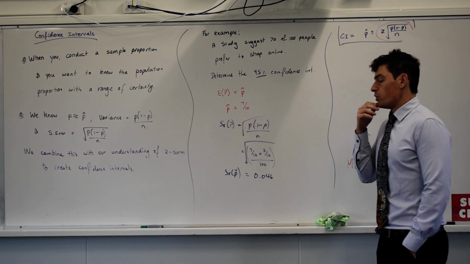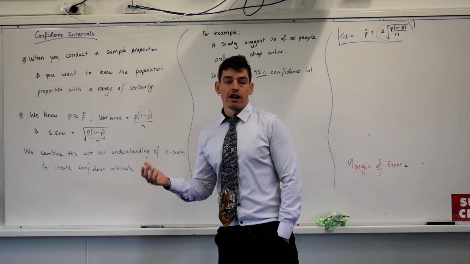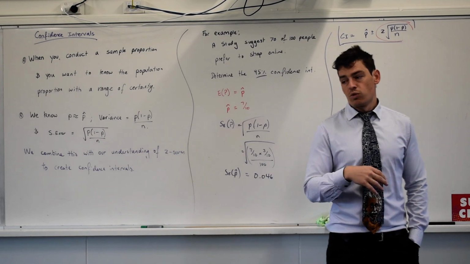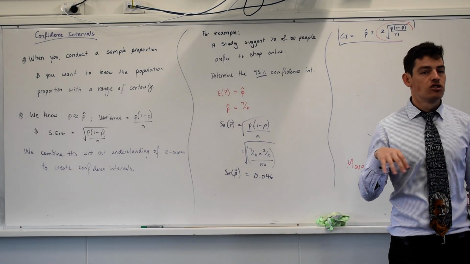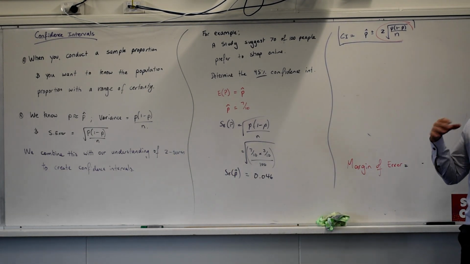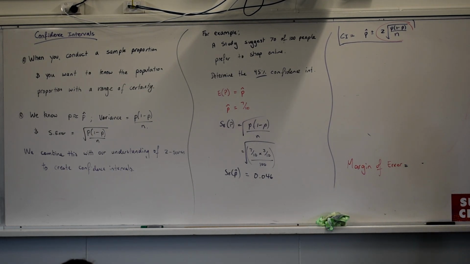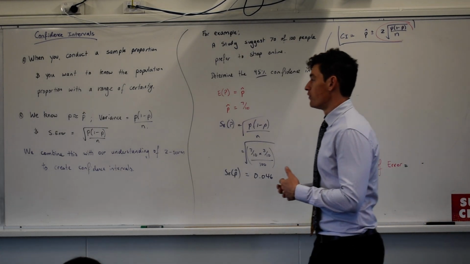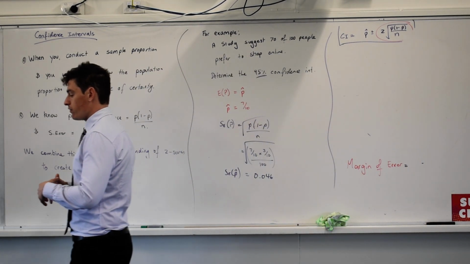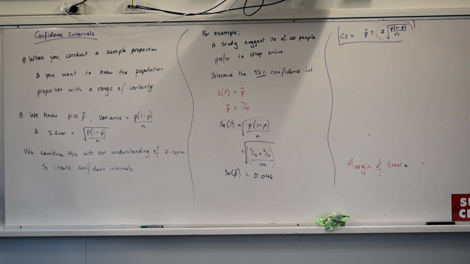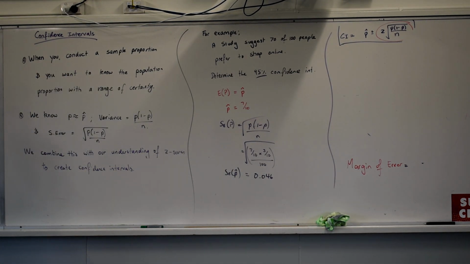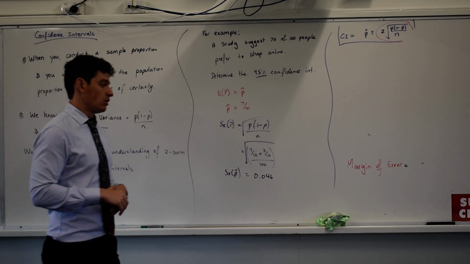Sample proportion. We don't often do polls straight after elections because we know the population proportion, so we don't need to do a poll. But we do often do a lot of polls leading up to elections so we can find out what's going to happen. This process that we're looking at, confidence intervals, is saying, well, now that we've done a sample proportion, how likely is it that the population proportion lies within a range?